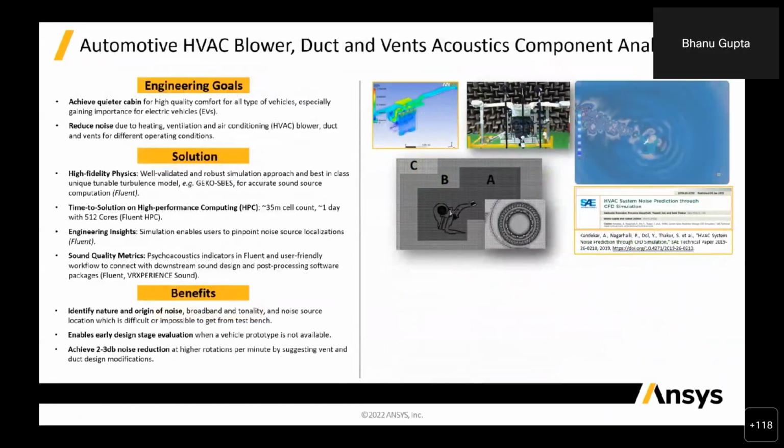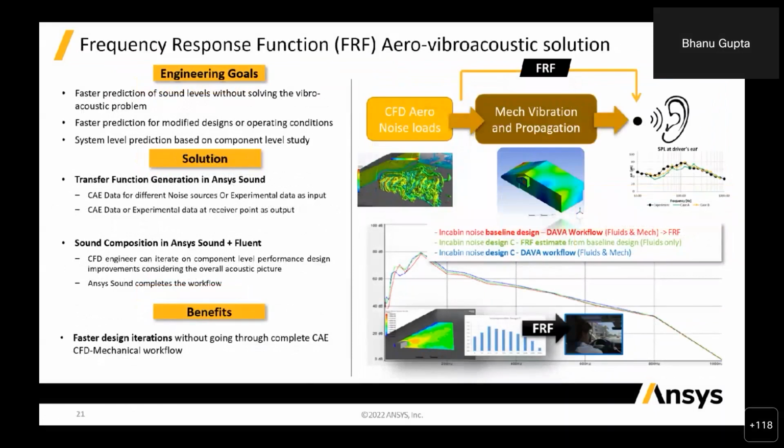In fact, not just frequency response function. Domenico, I just wanted to highlight one more point in the previous slide. You can also go for sound composition. There would be scenarios, and as we see in our system level simulations, it is just not a single noise source. There are multiple noise sources.